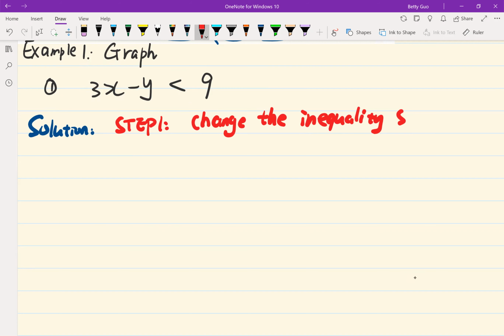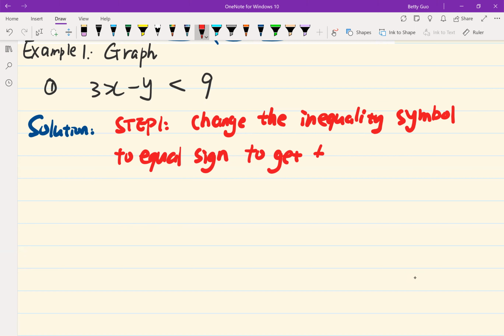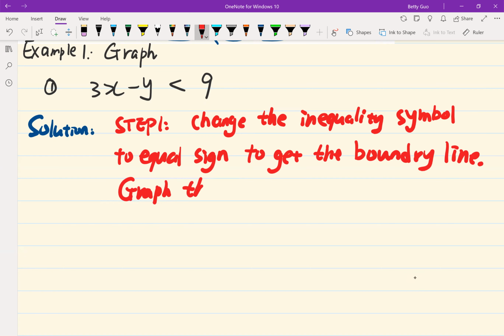This is the time when you should take notes. Step 1: change the inequality symbol to an equal sign to get the boundary line, and graph the boundary line.